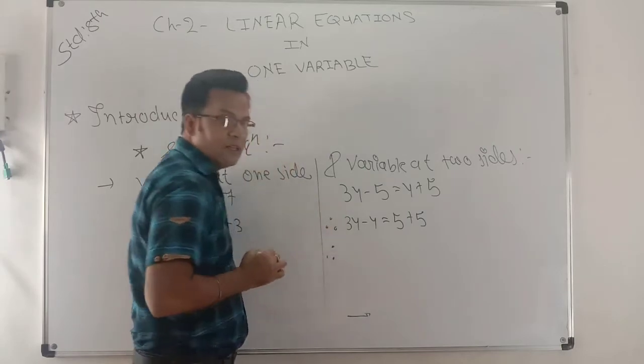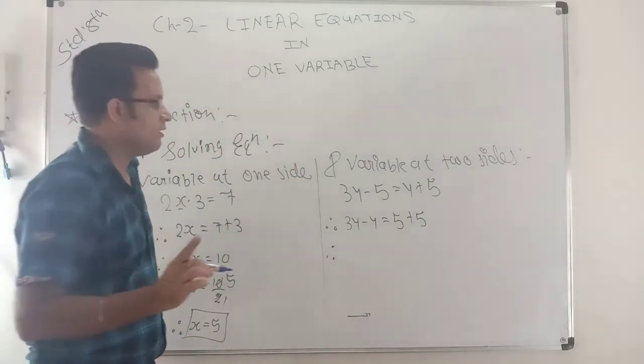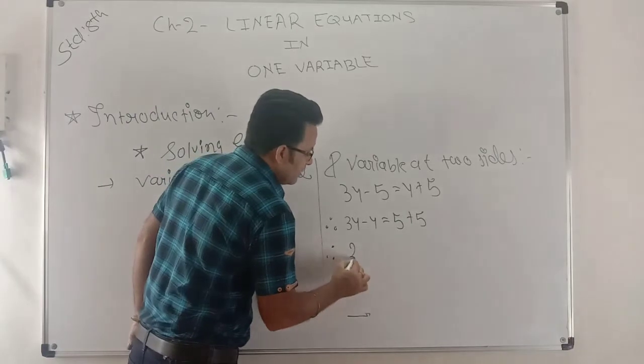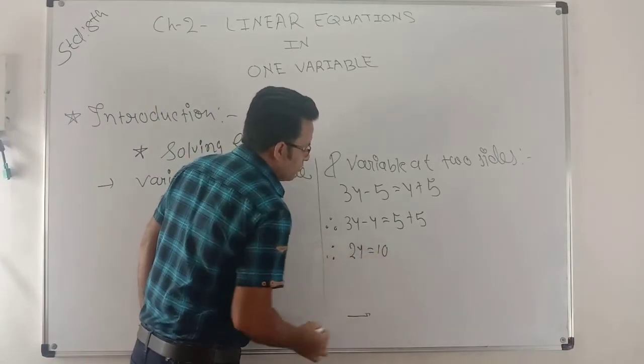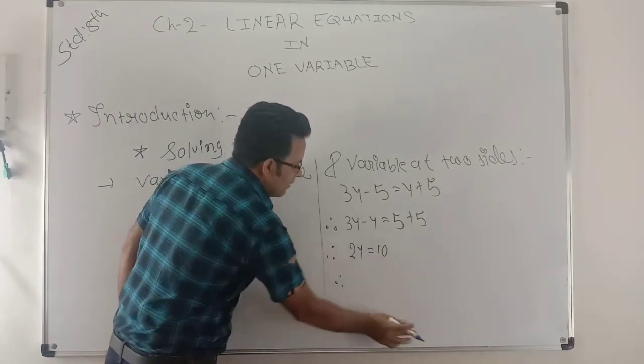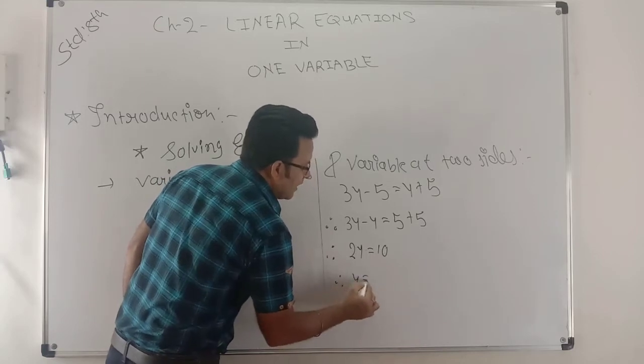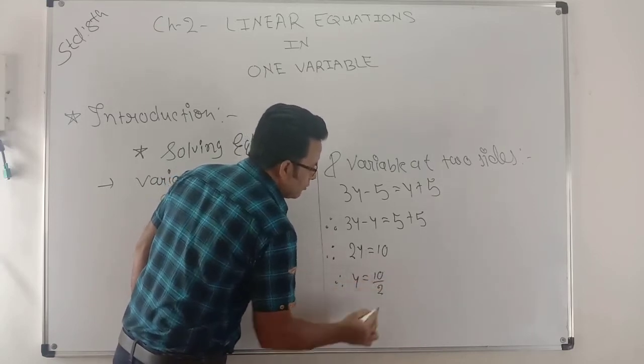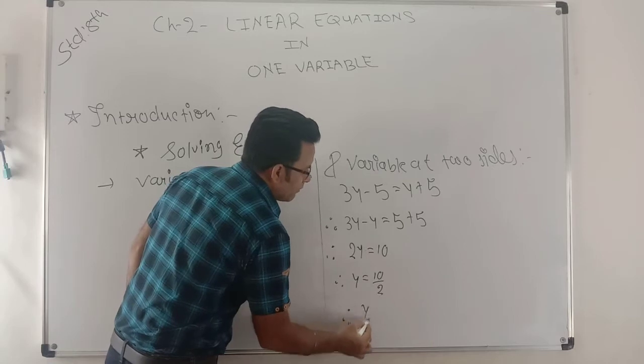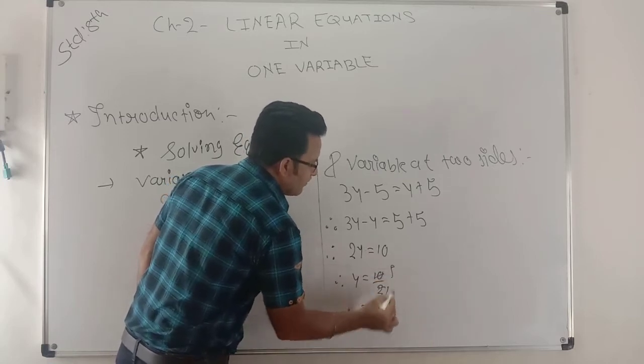Therefore 3y minus y is 3 minus 1, so it will be 2y. 2y is equal to 10. And therefore y is equal to 10 by 2. So therefore y is equal to 5.